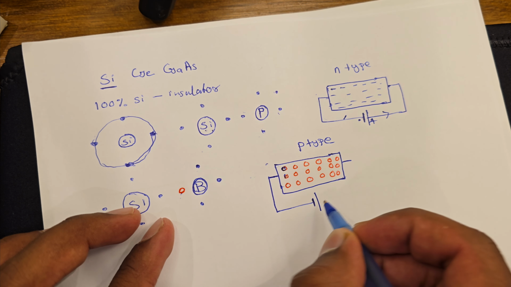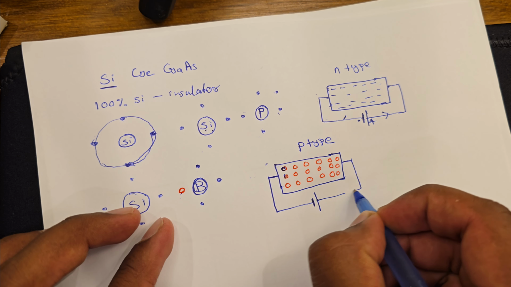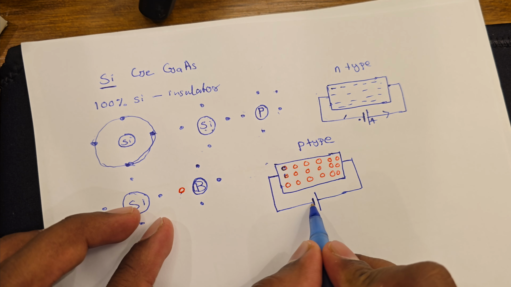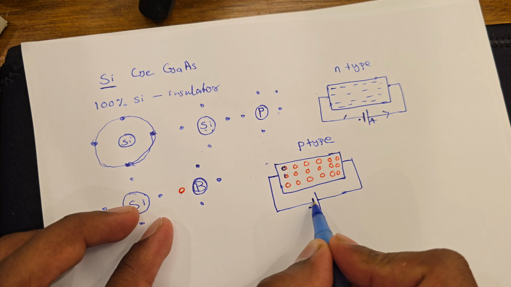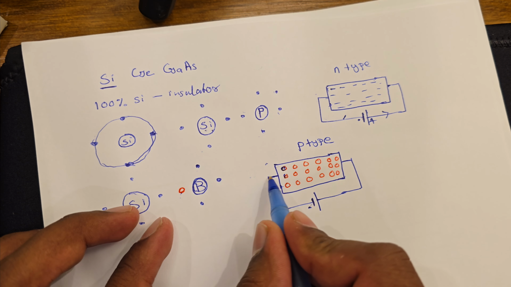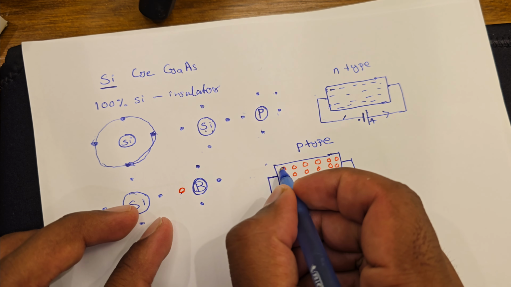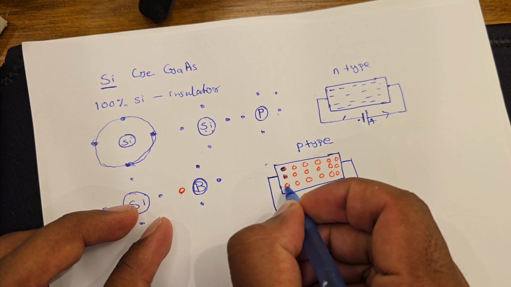That is, negative and positive terminals at the wire. What happens? When we connect a battery, electrons start to flow from the negative terminal all the way here. The electron comes to this end and sees all these holes. This electron will occupy a hole like that.